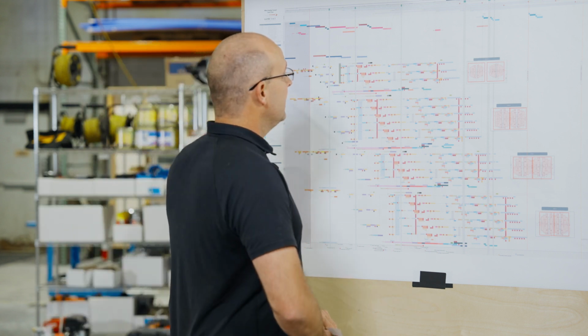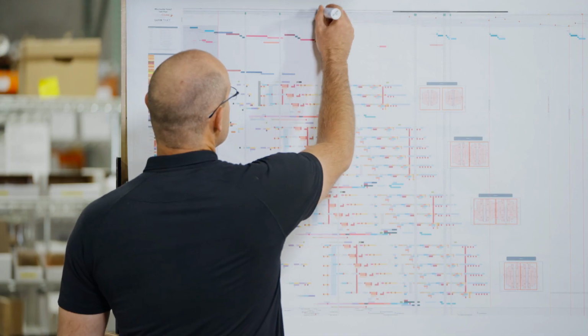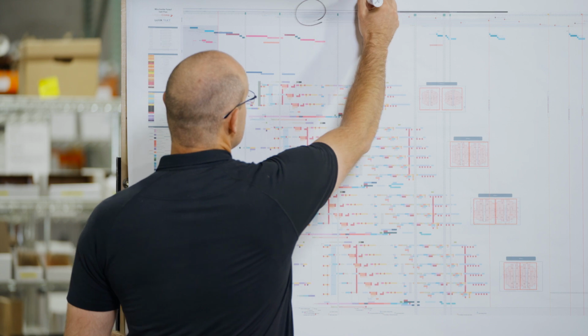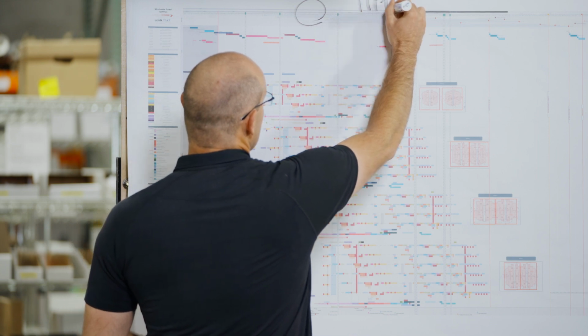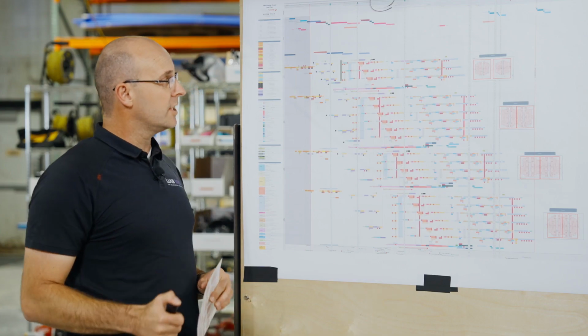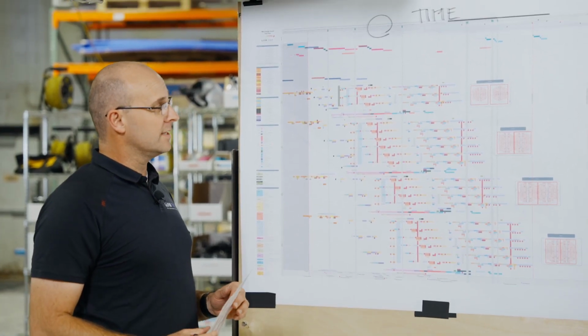What you'll notice is that in the time scale, this is day by day. So this time at the top allows you on a daily basis to see the actual production rhythm for every single activity.